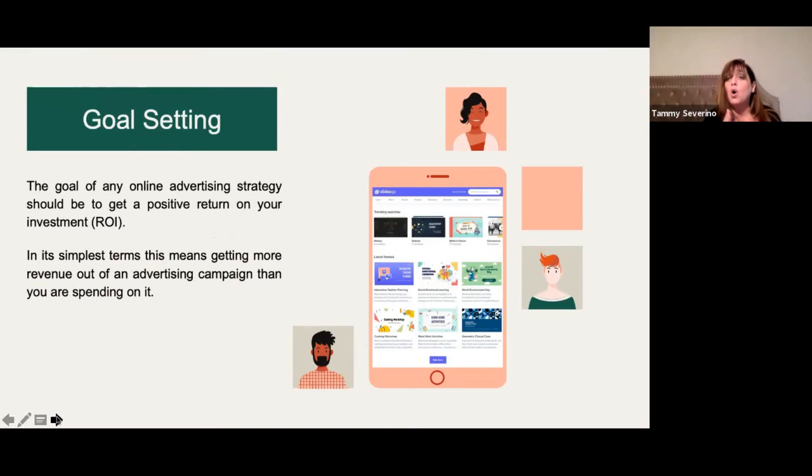Set goals. Always, always, always set goals, because then you will know if you have achieved them, if you have surpassed them, or if you're just struggling to get anywhere in the ballpark. So the goal of any advertising strategy should be to get a positive return on that investment. You spent $100, you got X amount of new clients. That's great. Does that translate that 10 times?